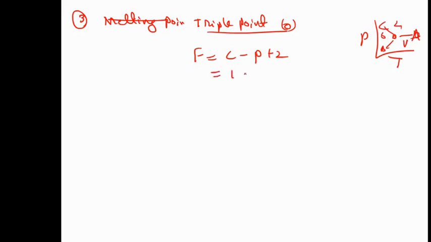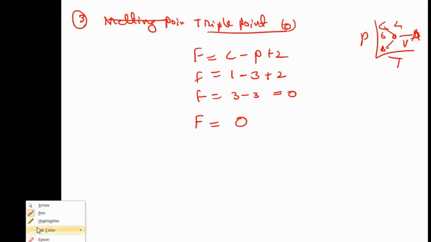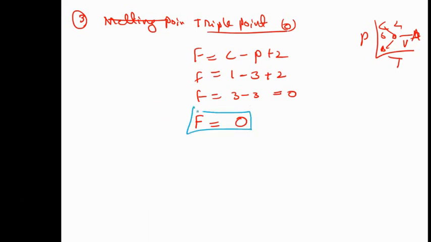You have one component, and since all meet, how many phases? 3 phases. So the degree of freedom is 3 minus 3, equal to 0. So at the triple point, F equals 0. For the water system, the triple point is non-variant.